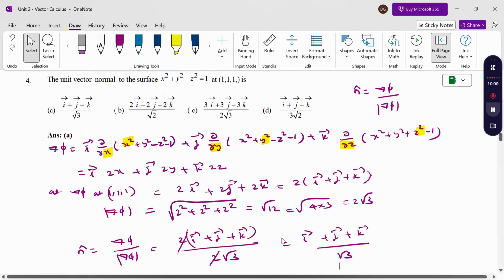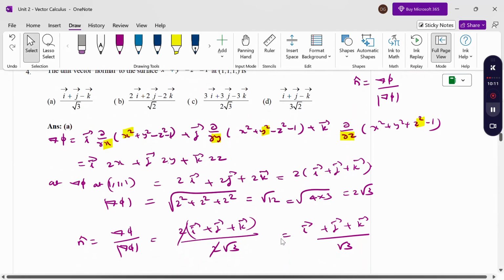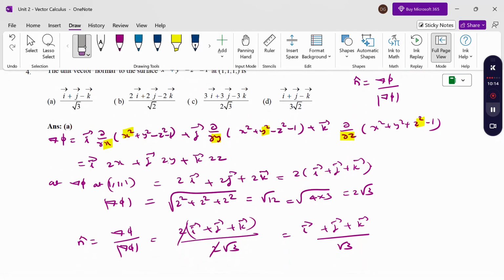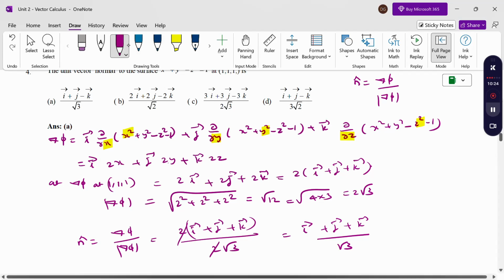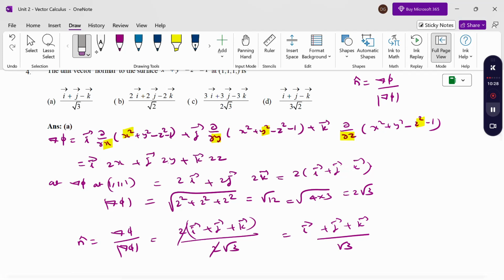See, where is this option? Actually this is a minus, I missed it here. Any minus term? Yes, here minus. So this place is minus, I missed minus here.